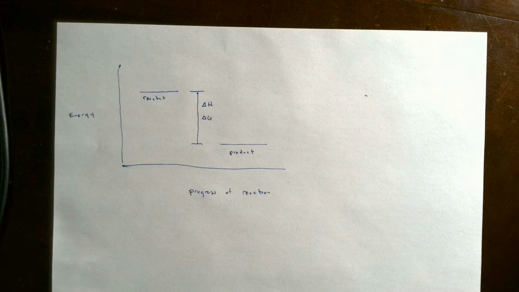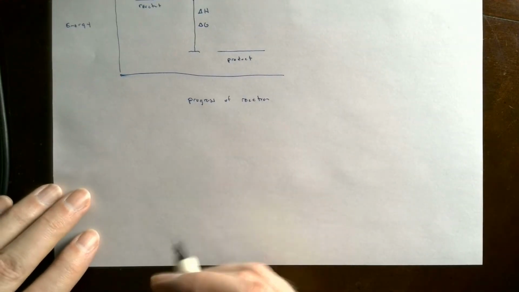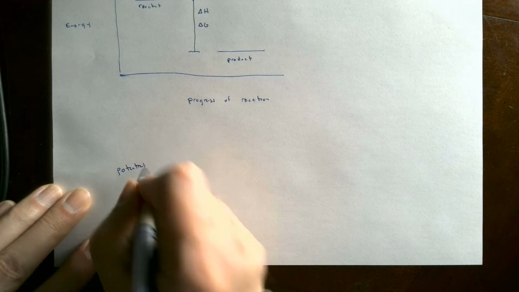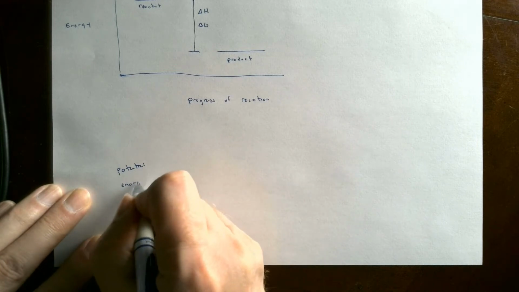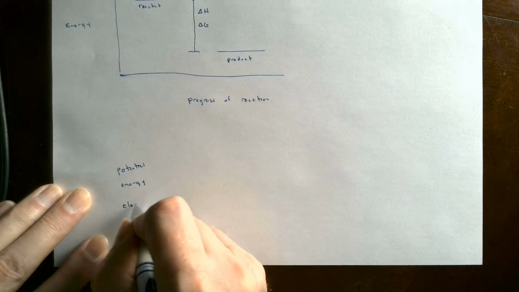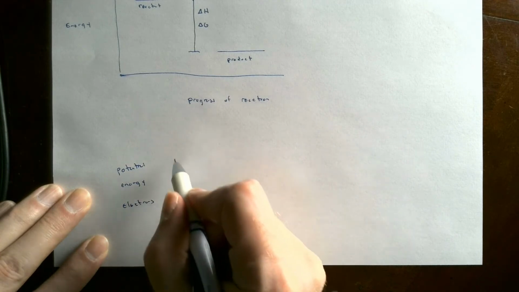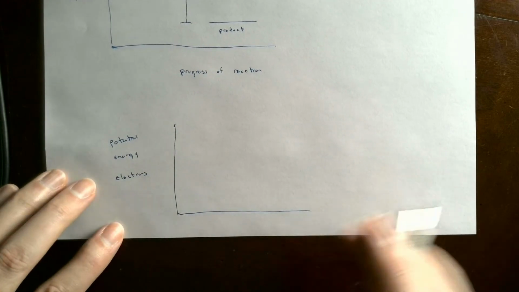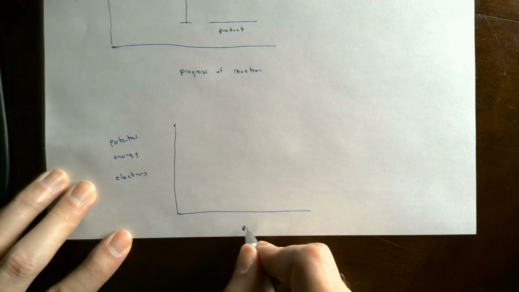So what we're going to do is look at the potential energy of electrons, and we're going to plot that versus some reaction progress.